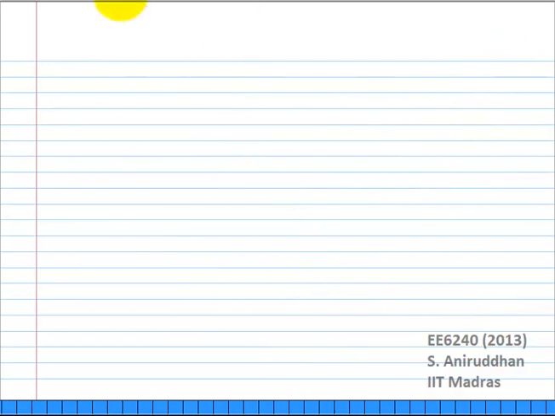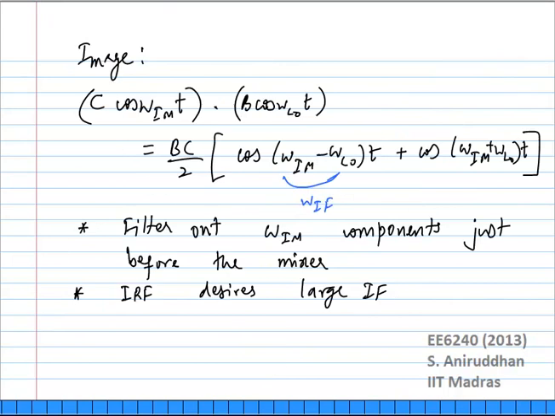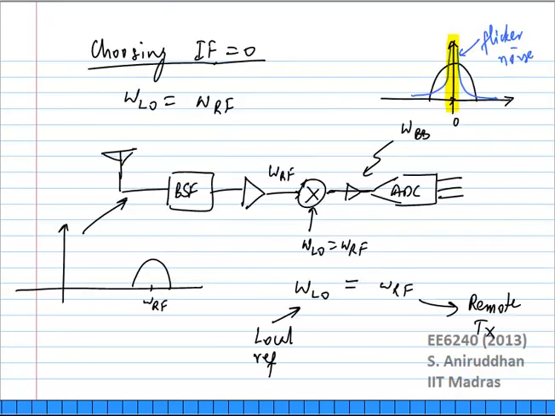Actually, this architecture, let me go back, is called a direct conversion receiver. You're going directly from RF to baseband, also called a homodyne receiver.